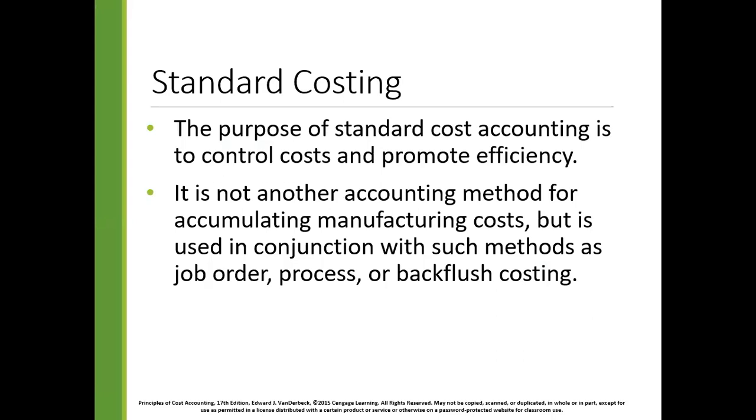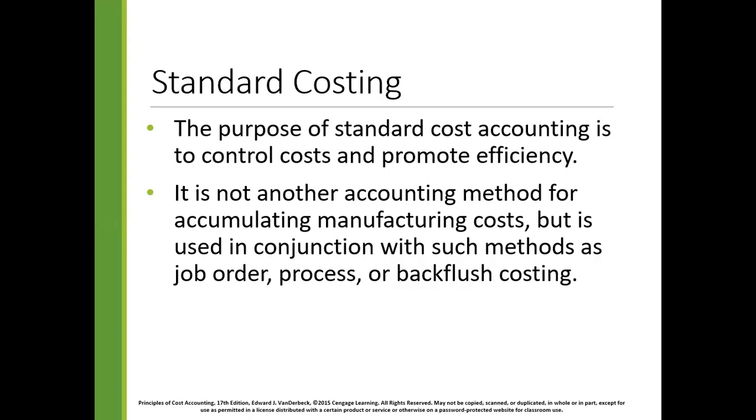So, standard costing. We've already gotten practice with this in Chapter 7 when we were looking at the different budgets, because our budgets are based on standard cost. The numbers that we use to prepare our budgets are based on our standard costs. Although we didn't necessarily identify them as standard costs when we were preparing our budget, that's exactly what they are, and that's where our budget numbers come from.